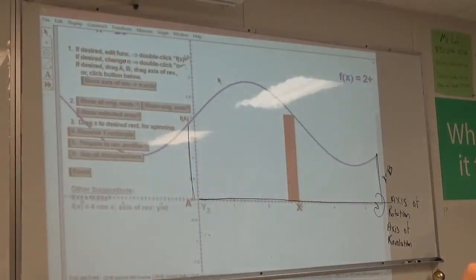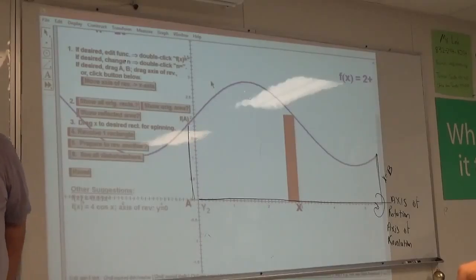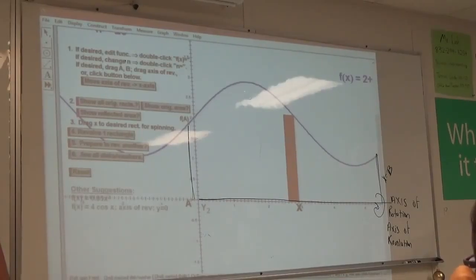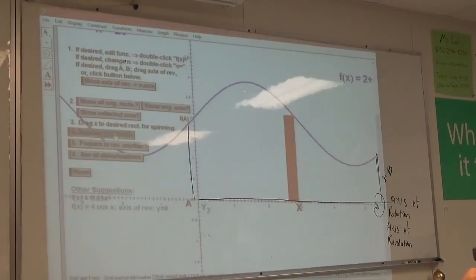Okay, Ranbir, here's what I need you to do. I want to take that one little slice in red. Picture spinning that around the x-axis. What does that one little rectangle look like? Revolve one rectangle. Just the rectangle.